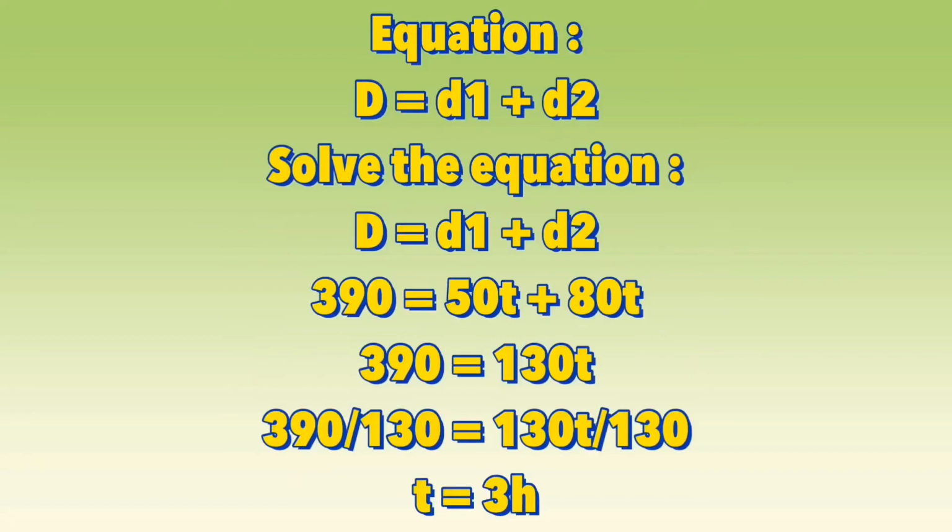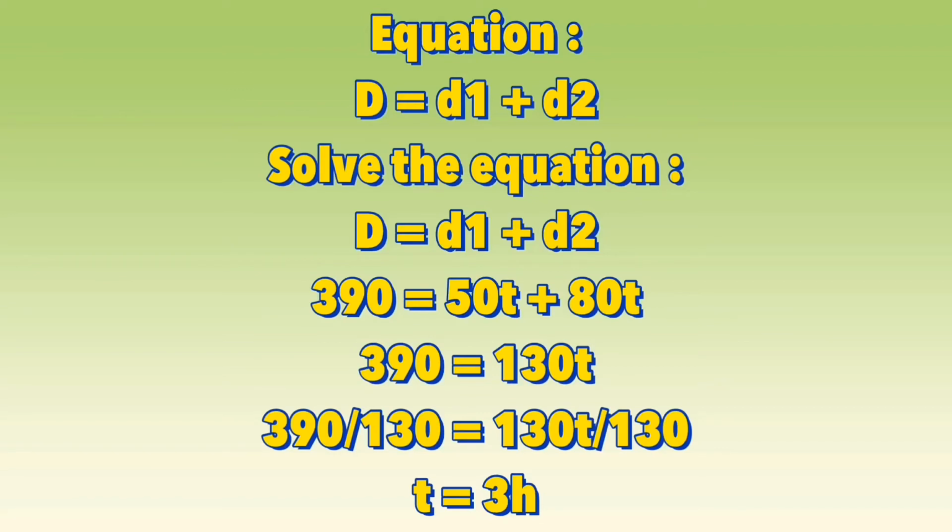Okay, the distance covered is 390 equals the distance of the buses. We have RT, so the rate of the first bus is 50 times T plus the rate of the second bus is 80 times T. Then our next step is to combine like terms. 50T plus 80T equals 130T.